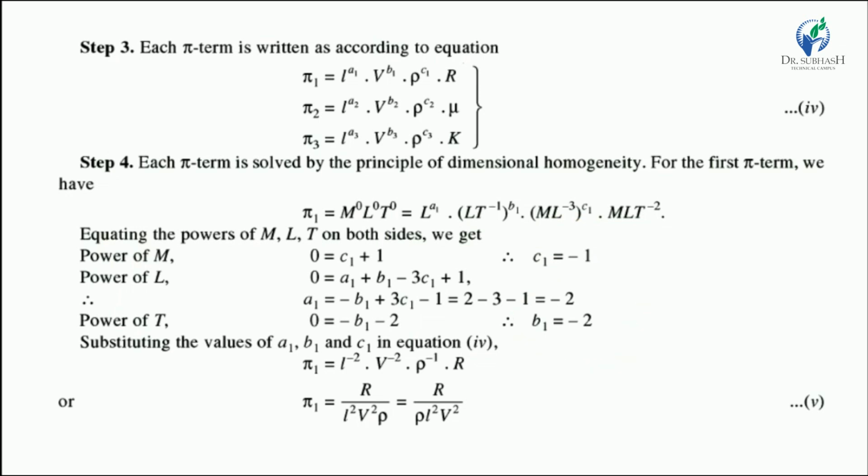So putting in the values of C1 and B1, we get the value of A1 as minus 2. Now we have all the values of the powers A1, B1 and C1. So put the values of the powers in this equation of the pi 1 term.